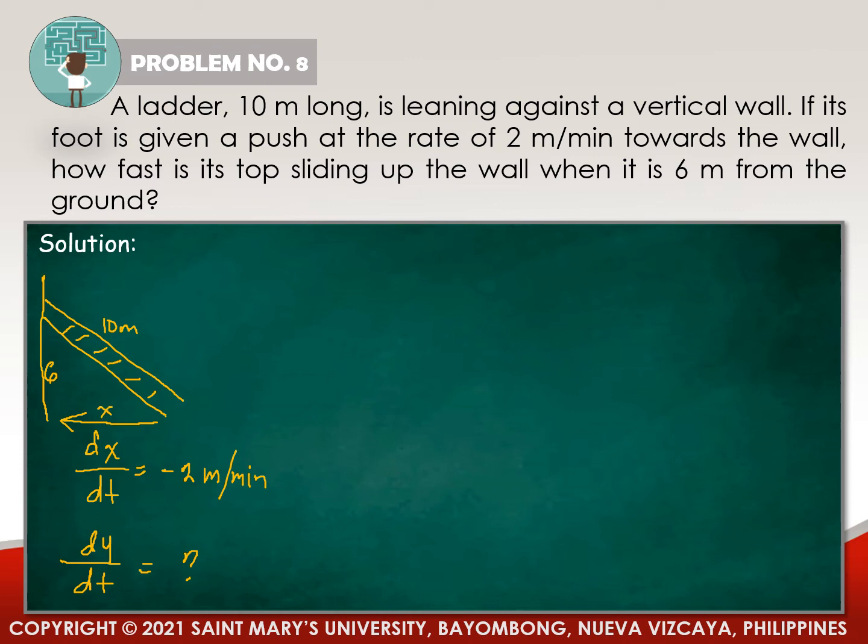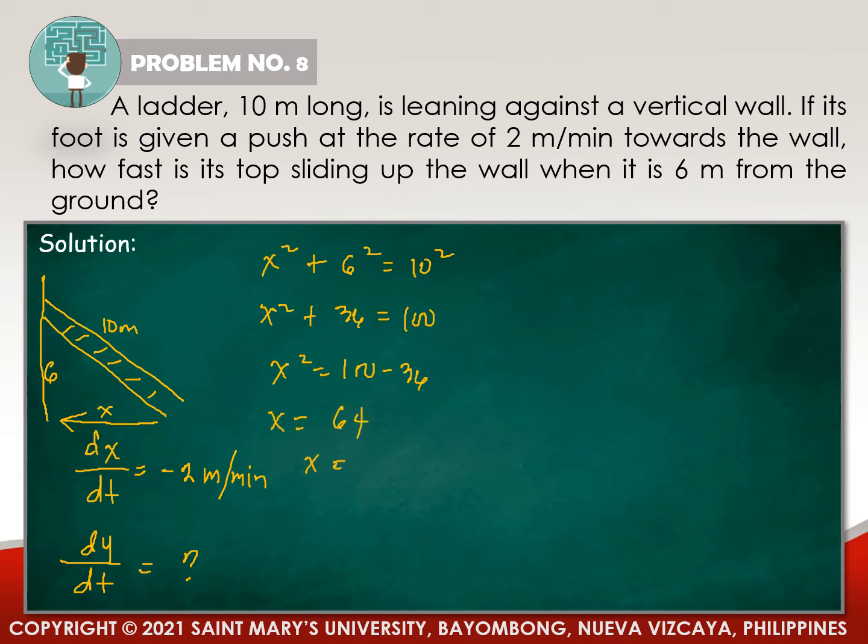By Pythagorean theorem, we have x squared plus 6 squared equals 10 squared. So we have x squared plus 36 is equal to 100. Therefore, x squared equals 100 minus 36, which is equal to 64.